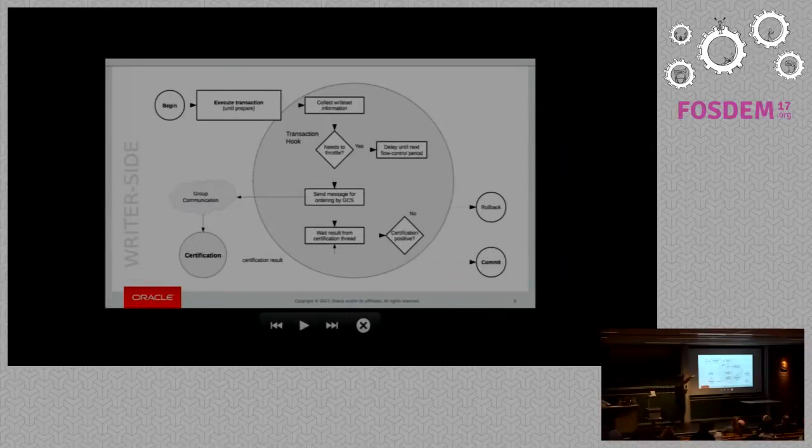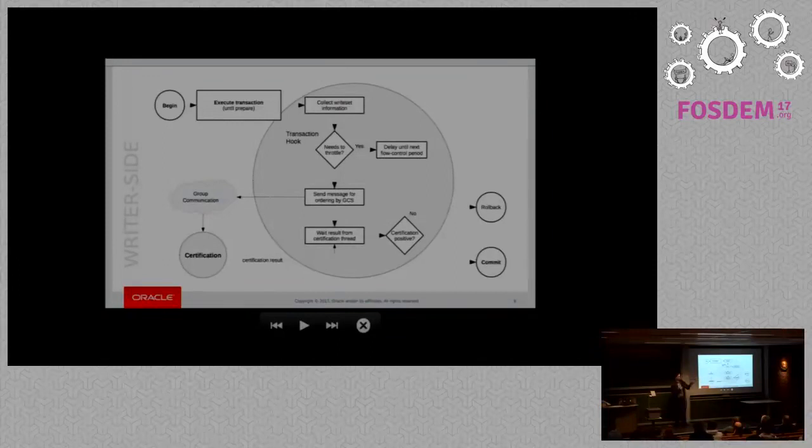Then it does what I call a throttling point. I'm going directly to these details because I think people here prefer these lower level things. Okay, so then we go to the details of delays if needed, and then we send the message out to ordering on group replication, as Alfredo was showing.